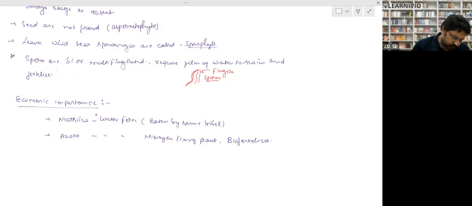It is also used as a biofertilizer. Okay. So these were economic importance. Go through it and go through your NCERT and let me know if you have any doubt.